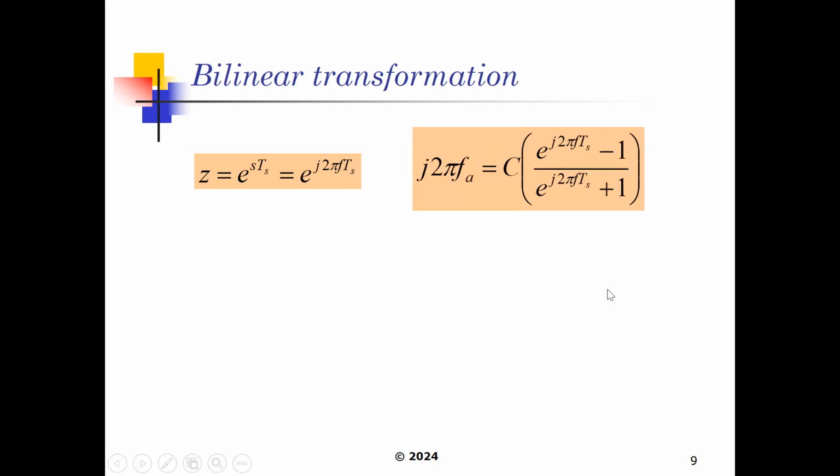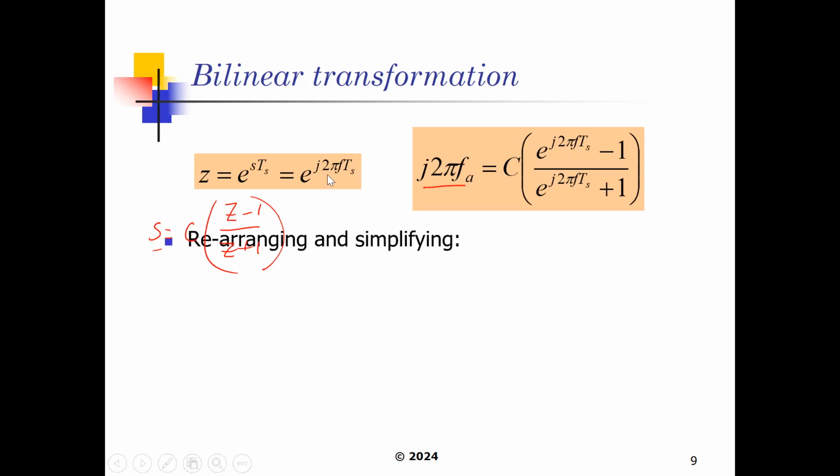Okay, so we substitute now. Remember, s is equal to c (z minus 1) over (z plus 1). s is j 2 pi fa, and z is e to the j 2 pi f Ts. So we substitute that inside of here.